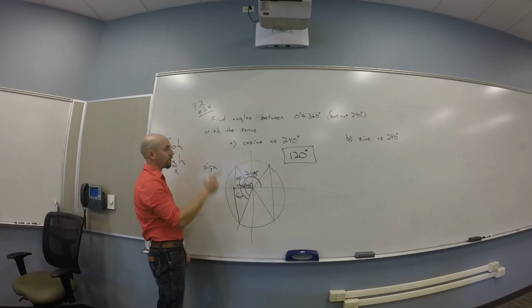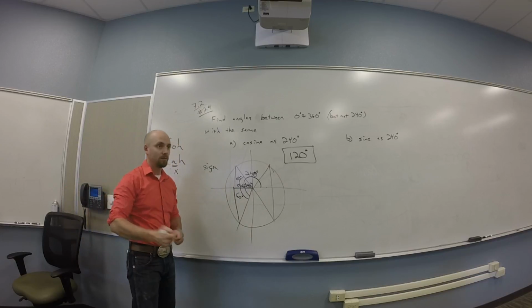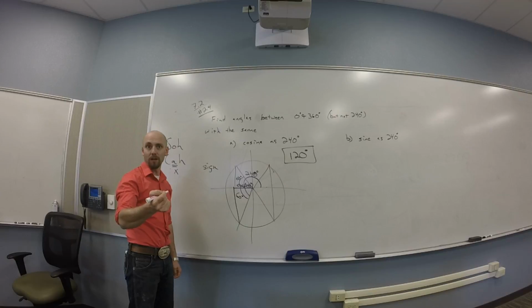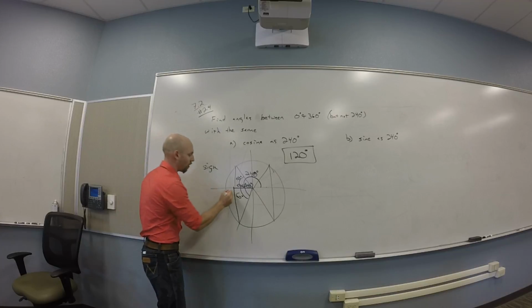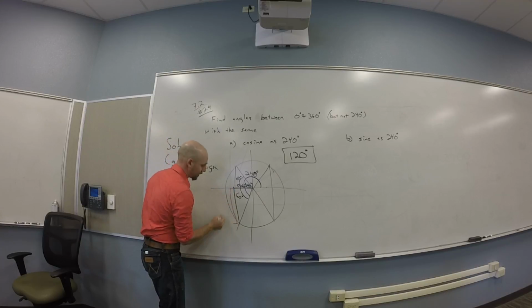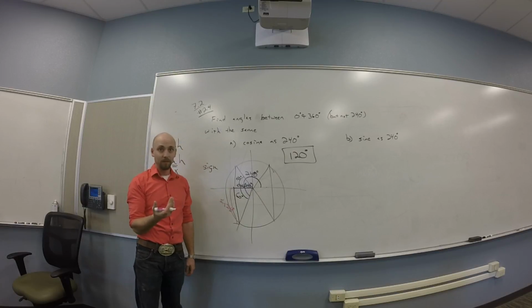For the other one, which side is sine? Where's sine of 240? Sine's the y, so I'm looking for this distance here. That's sine of 240, which is negative.